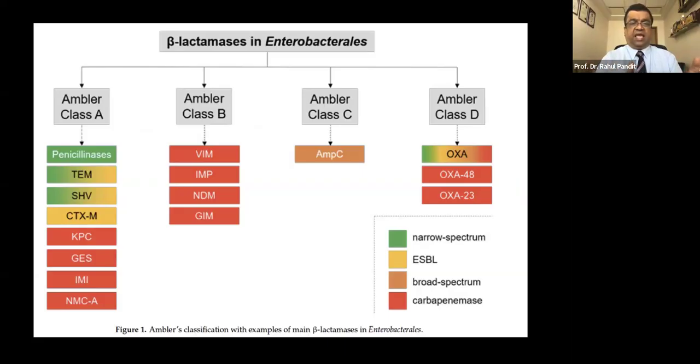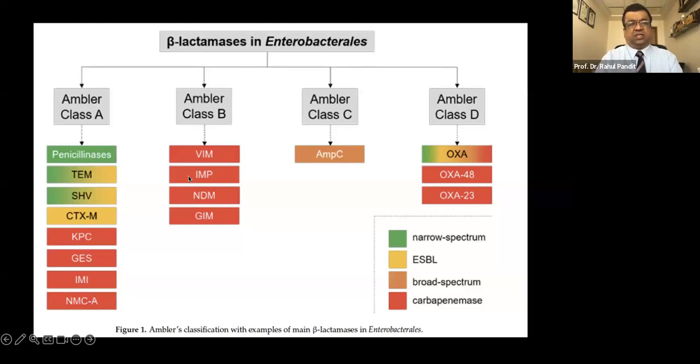If you look at Ambler A, B, C, and D, in Ambler A, essentially SHV and CTX-M represent the community-acquired ESBL and the hospital-acquired ESBL which you may be seeing. KPC, fortunately, in India is very, very less, almost non-existent, but the rest of the resistance patterns are predominantly seen: GES and NDM, which is the Ambler B class.